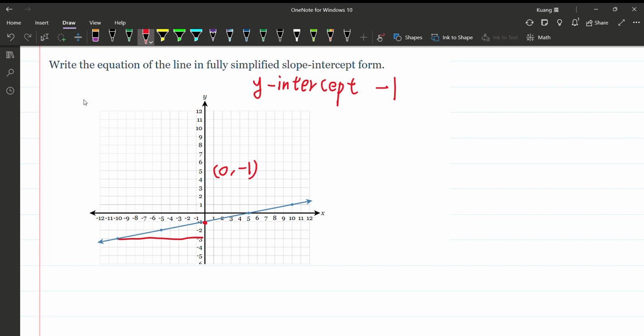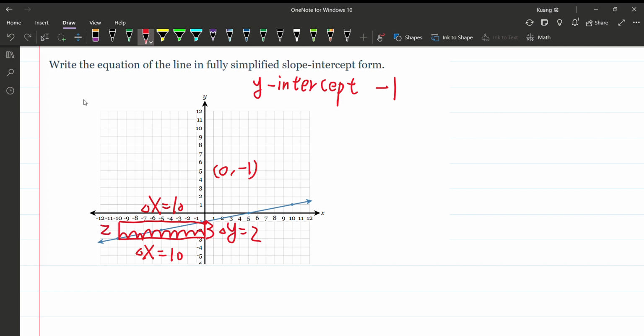Okay, to find the slope, you can draw a triangle like this or like this. This horizontal distance, which we call delta x, is how many units? 1, 2, 3, 4, 5, 6, 7, 8, 9, 10. Okay, it equals 10. Both up and down is 10. And the vertical distance is called delta y.